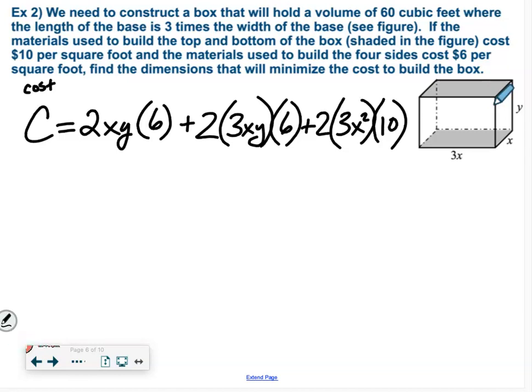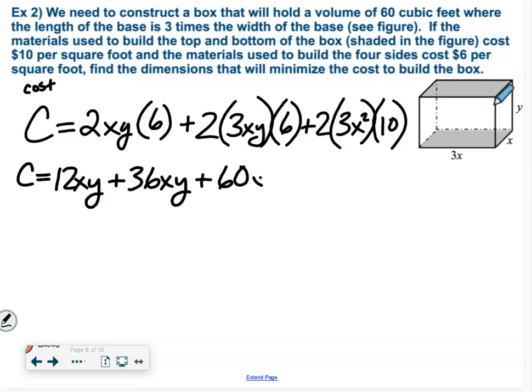Does that match what you guys figured out? Yes? Okay, let's clean it up. We get 12xy plus 36xy plus 60x squared. So we get 48xy plus 60x squared.